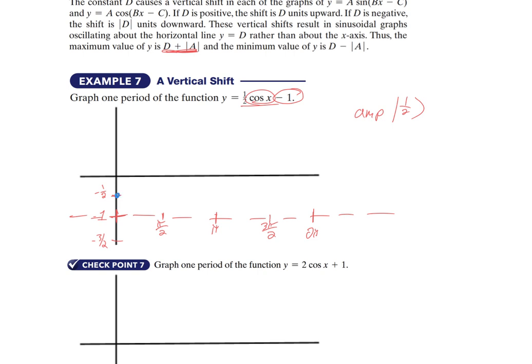Because it's a cosine, I start up at the positive amplitude, meaning 1/2 above the equilibrium line. Then the equilibrium line, the negative amplitude, equilibrium line, the positive amplitude. And there is my graph of the 1/2 cosine of x minus 1 using that vertical shift.